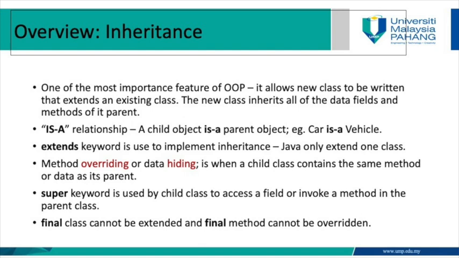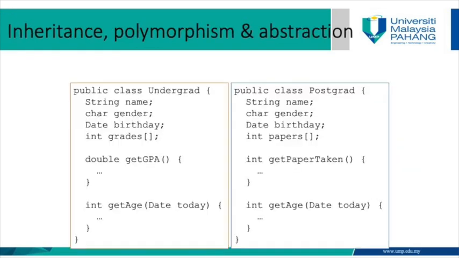Now you will see the difference between inheritance, polymorphism, and abstraction in the view of code. We have public class undergrad and public class postgrad, and we want to know how we use inheritance, polymorphism, and abstraction techniques in these classes.